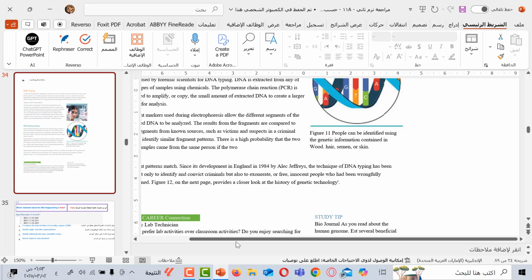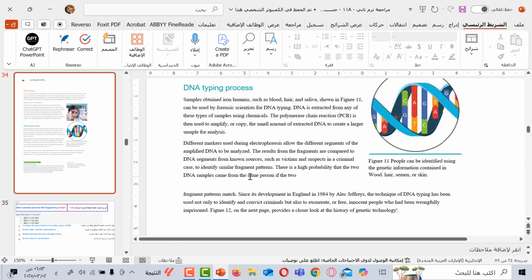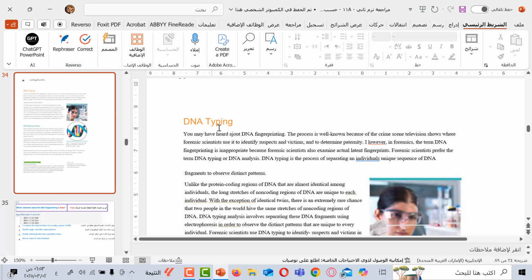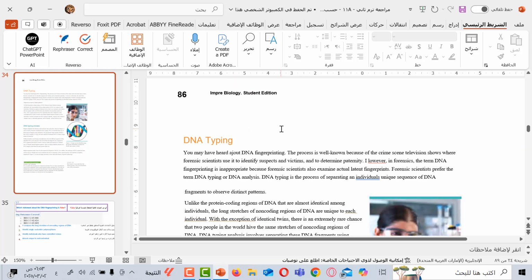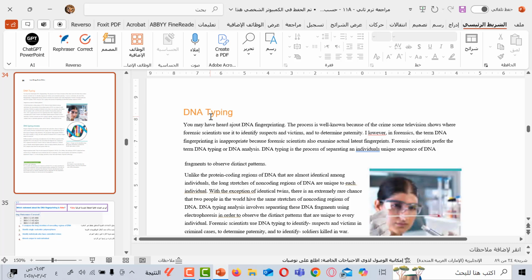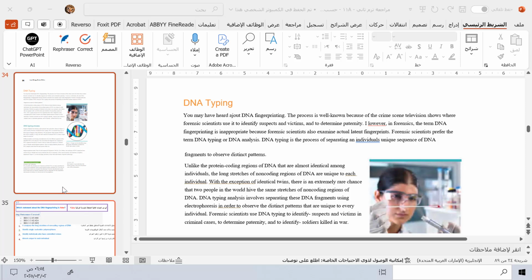This is 86, and 86 is DNA typing, or as called, fingerprint. It is the same name for these two. You must know what its meaning is, DNA typing.